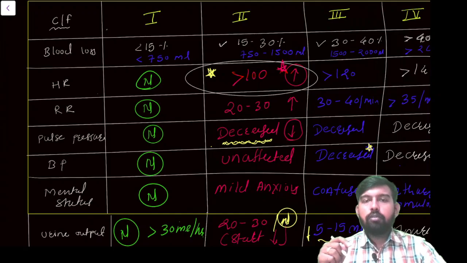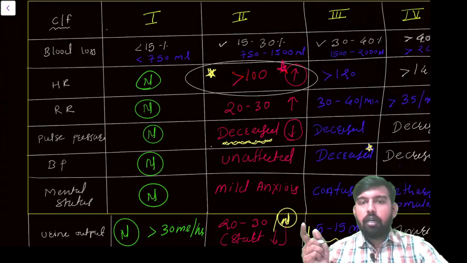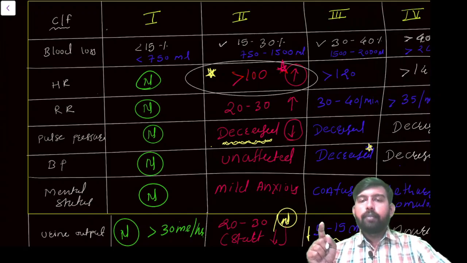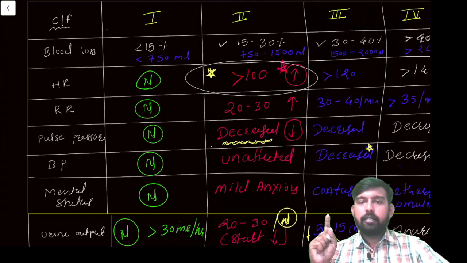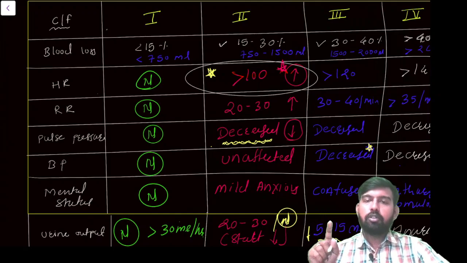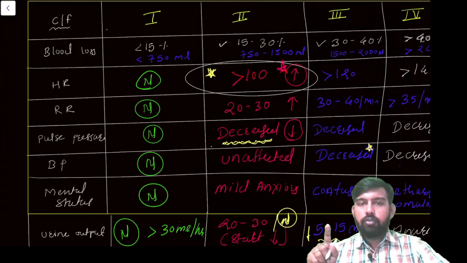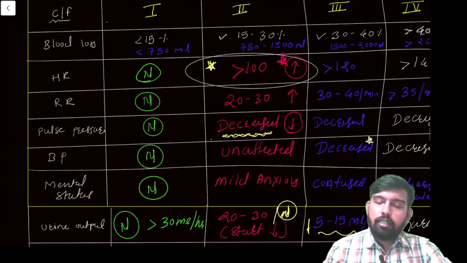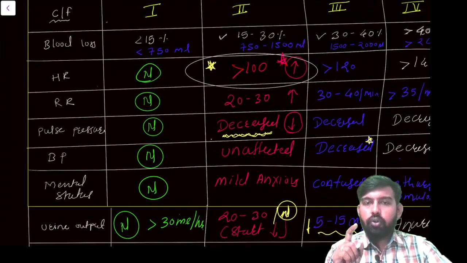This occurs because of peripheral vasoconstriction, and peripheral vasoconstriction causes an increase in the diastolic blood pressure. What is pulse pressure? Pulse pressure is systolic blood pressure minus diastolic blood pressure. So the diastolic blood pressure is increased because of the peripheral vasoconstriction, so the pulse pressure is decreased in case of a class 2 shock.